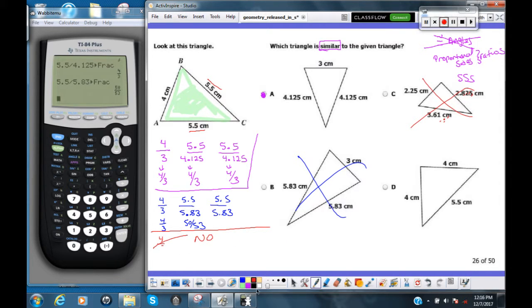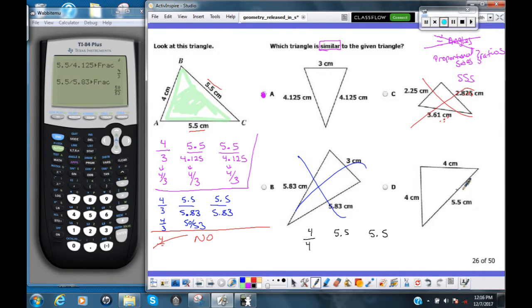I'm going to do my last one in black. That's going to be D. I'm going to do 4, 5.5, and 5.5. When I look here, my least number is 4.